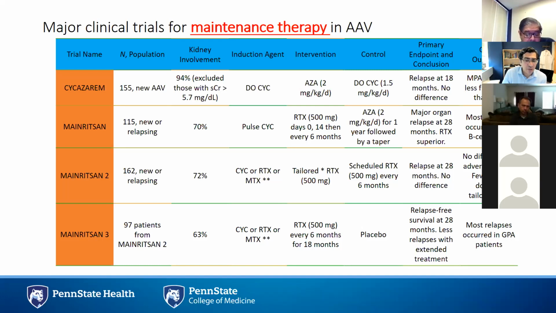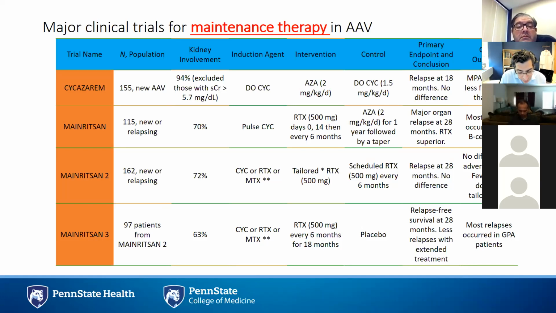So then in this MAINRITSAN 2, they have 162 patients. The induction agent was cyclophosphamide or rituximab. But instead of using this fixed-dose rituximab, there was tailored rituximab in these 162 patients.